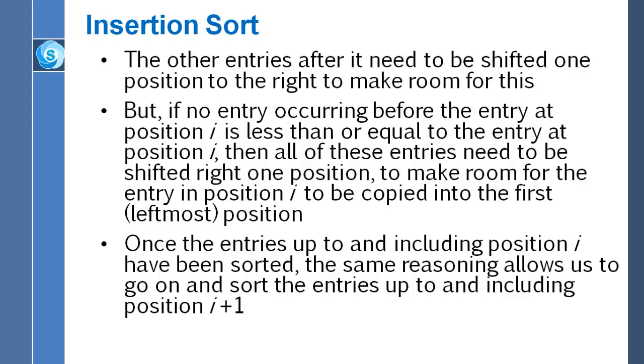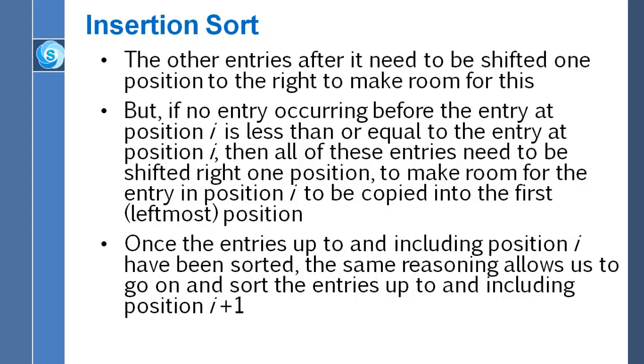Okay, so if I've convinced you that there's an algorithmic approach to taking the already sorted array of numbers up to but not including position I, and then further sorting it to include position I. If you believe that, then of course we just repeat that.